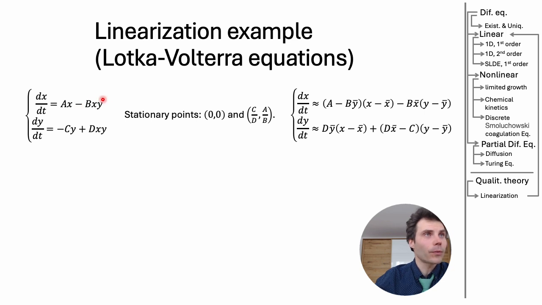Without Y, if Y is 0, it just grows exponentially. However, if there is Y, then the encounter between X and Y leads to the decrease of X. So, okay, X can be hares and Y can be wolves.